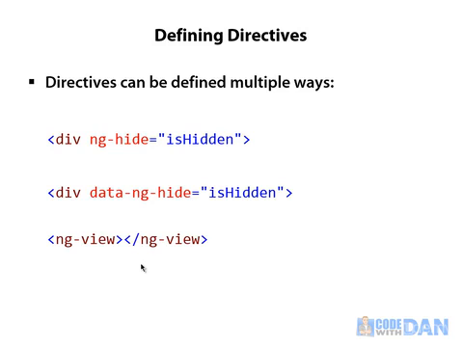Now, some of these directives can also be used not only as attributes, but also as tags. So AngularJS directives, as I mentioned earlier, teach HTML new tricks, and that includes even adding custom tags into your views, into your HTML pages.